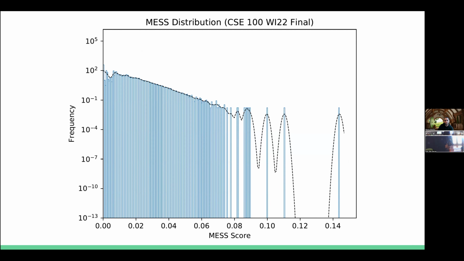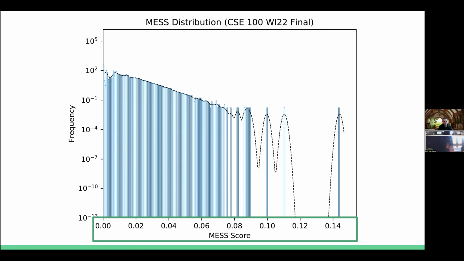So what can we do with this? Here I'm plotting, from an actual exam from one of my classes, the distribution of exam similarity scores across all pairs of students in the class. For every possible n choose 2 pair of students, I calculate the similarity score and plot the distribution, in log scale on the vertical axis. The horizontal axis is the similarity score. I call it MESS, for Moshiri exam similarity score, also a pun on MOSS.